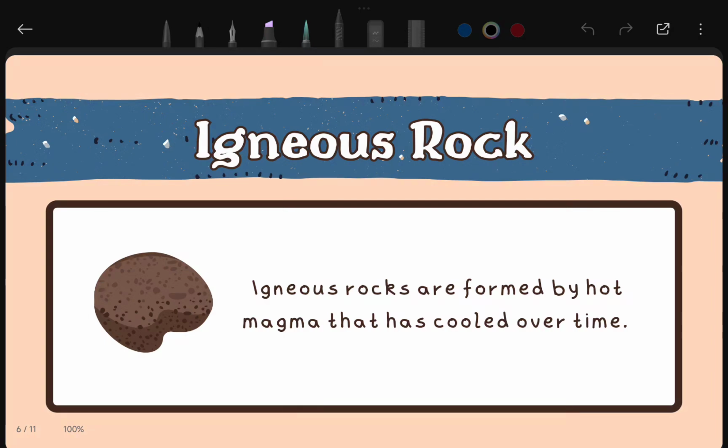But igneous rock is formed by the hot magma that is present in the mantle, but not in a hot manner. Igneous rock is formed by hot magma that has cooled over time, and when the magma cools over a long period of time, it becomes a hard rock material which is known as igneous rock.